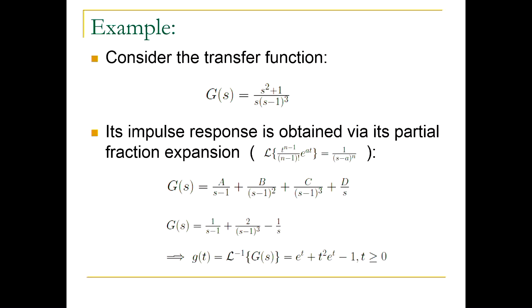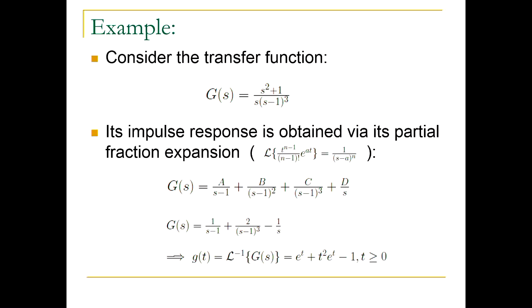If you go to Laplace transform tables, you would find exactly that this corresponds to that. There is a 2 missing here, sorry, so there should be a constant 2 due to this term. And then you have minus 1. This is basically the inverse Laplace transform of 1 over s, which is the step function, so it's with a minus sign. There is a typo here, sorry about that.